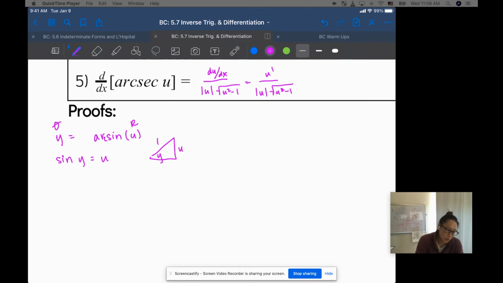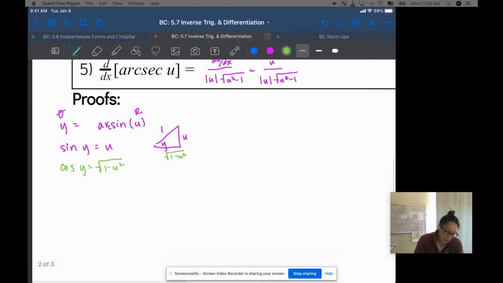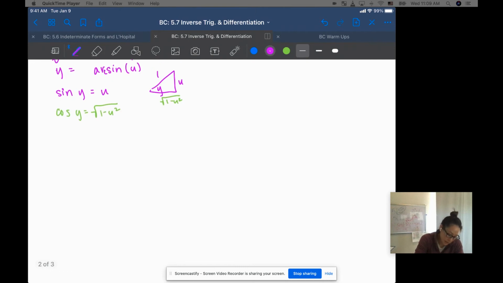What I want to do now is, I would know from this triangle, because we've done this before, that the cosine of y would be the square root of 1 minus u squared. So if sine y is equal to u, then we want to find the derivative of this ratio with respect to x.